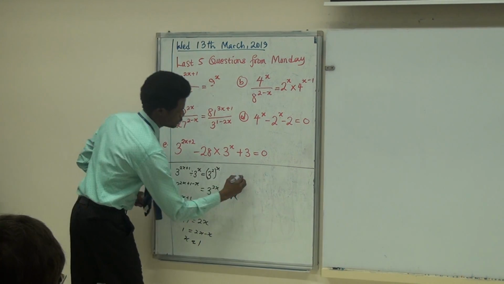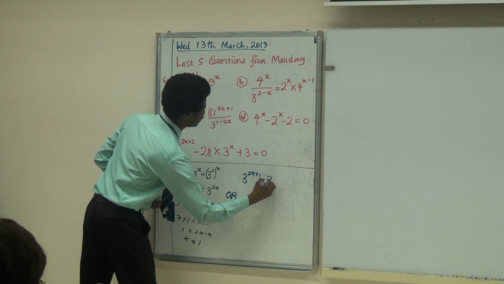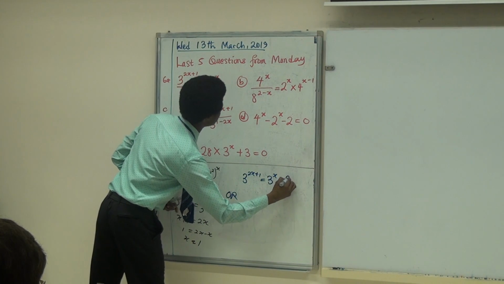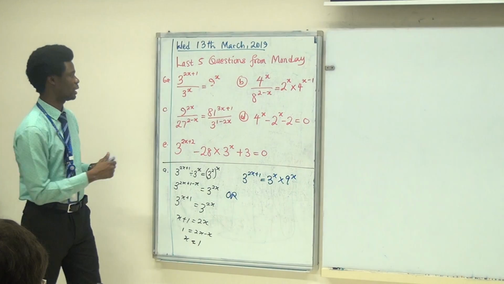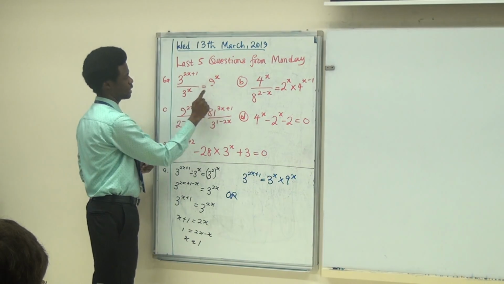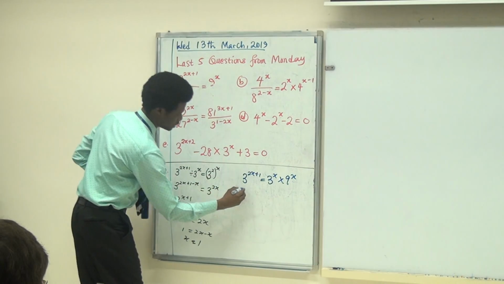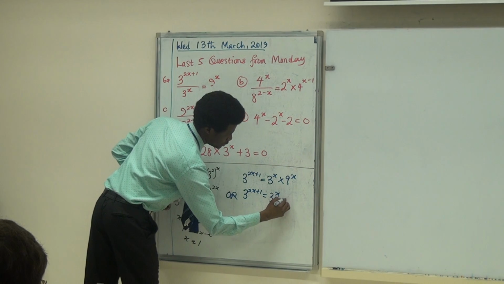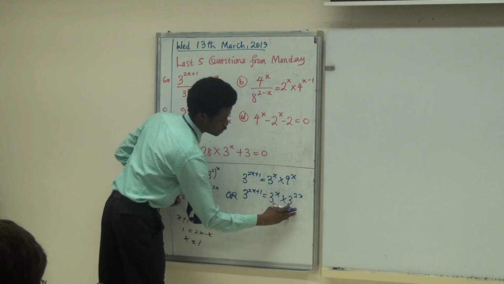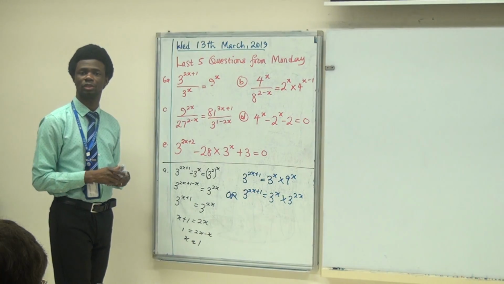From here, we could do 2x plus 1 equals 3x times 9 to the power x, like that. You could do that too. Okay? This times this times that, and this is 1. So anything times 1 doesn't change, right? So you do the same. And this will be 3 to the power 2x, which you can combine. Okay? And you still get the same result. So we don't need to do that.